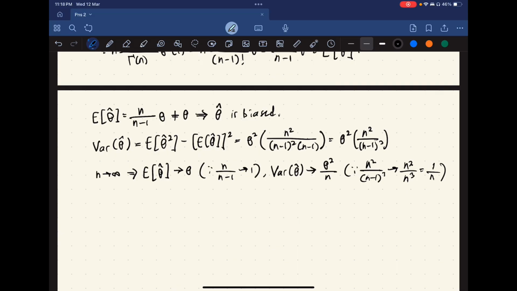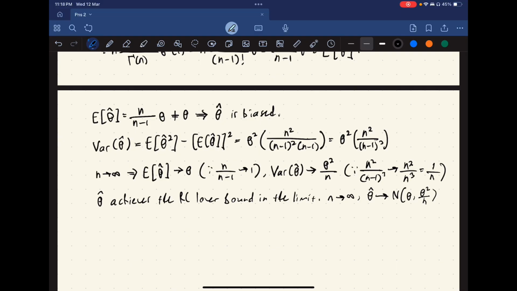As the sample size gets larger, this maximum likelihood estimator achieves the Rao-Cramer lower bound in the limit, because as n gets larger, the estimator approaches normal with mean theta and variance theta squared over n.